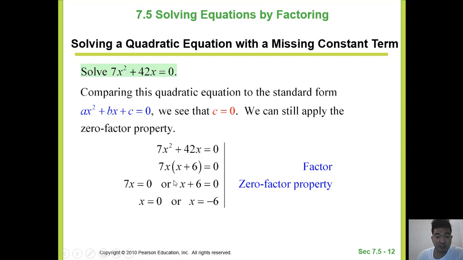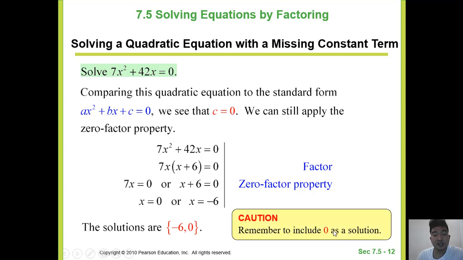Applying the zero factor property, you will have 7x equals 0 or x plus 6 equals 0. Then you solve for x's. Divide the whole equation by 7, x equals 0. By addition property, we add negative 6 to both sides of the equation, x equals negative 6. Here, we have two solutions, and the two solutions are negative 6 and 0.